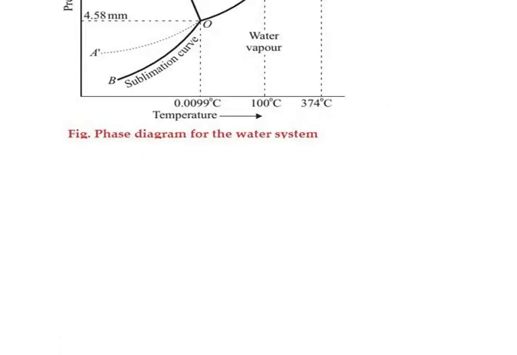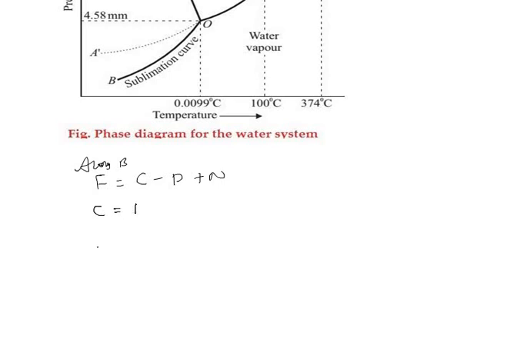As for the other regions, such as this area along the line B, in between the water vapor region and the solid region, some of the values will change. So in calculating your degree of freedom, your F will still be equal to C minus P plus N. But in this case, let's say along B, your C will still be equal to 1.